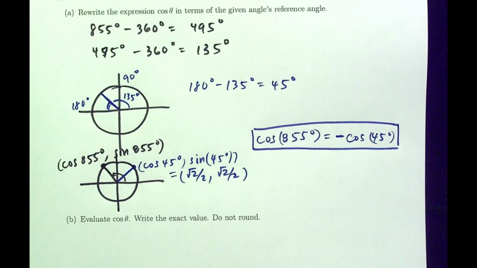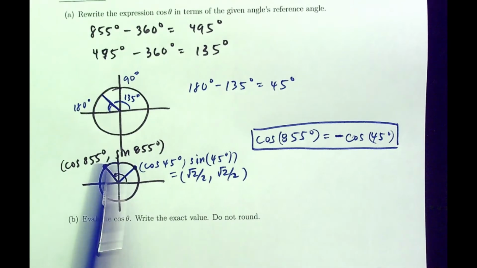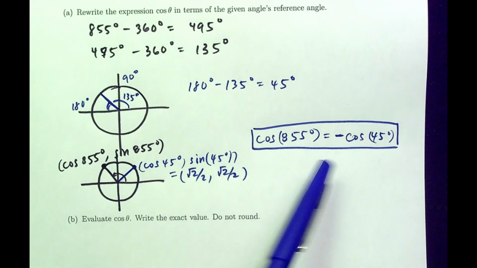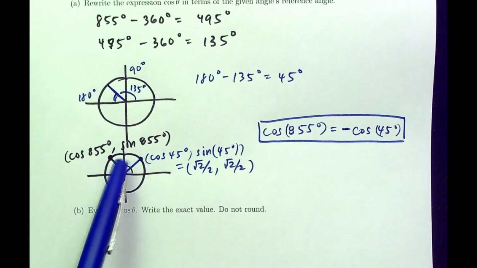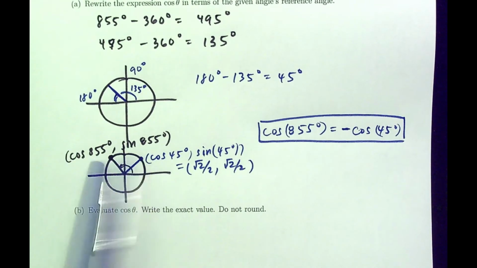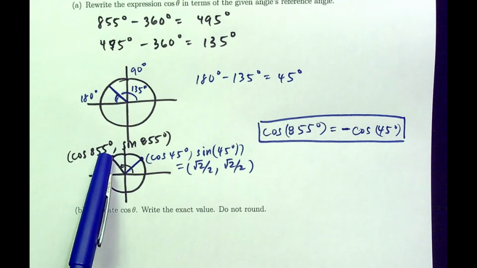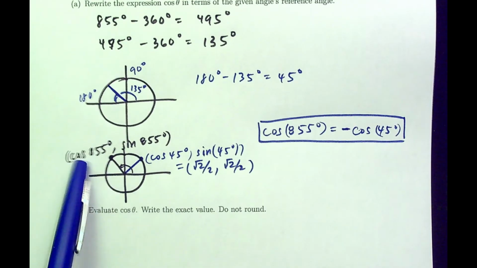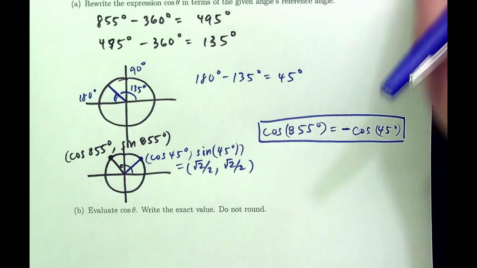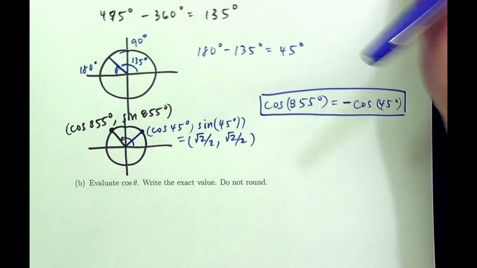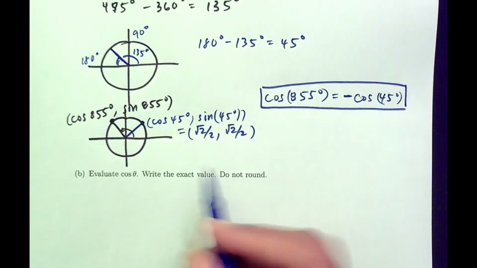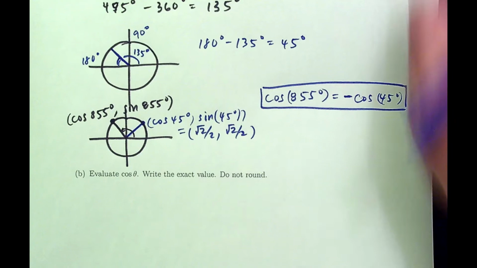So rewrite cosine in terms of another cosine, but using the reference angle instead. Well, comparing the x-coordinates, which are the cosines, the cosines are the same except this has to be negative. So this one is negative that one.